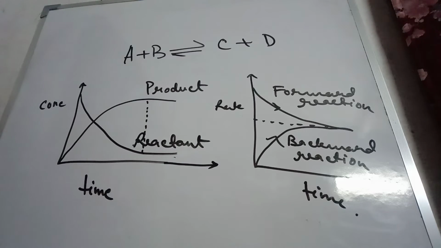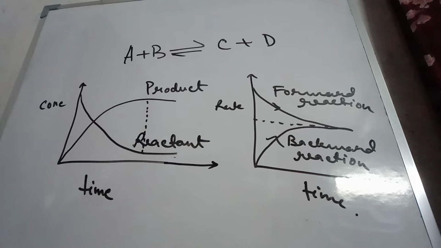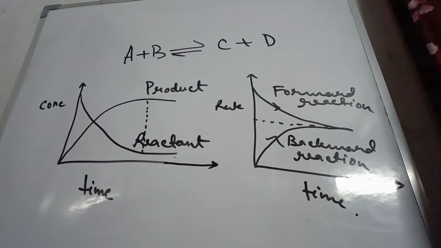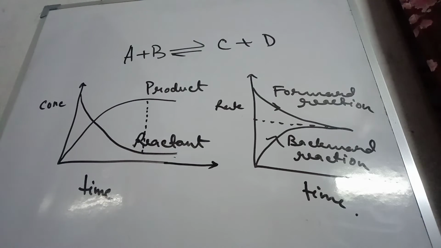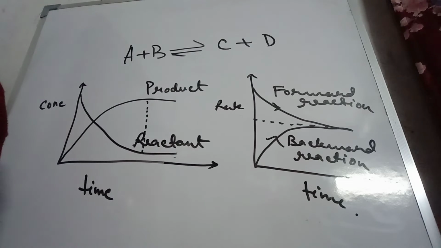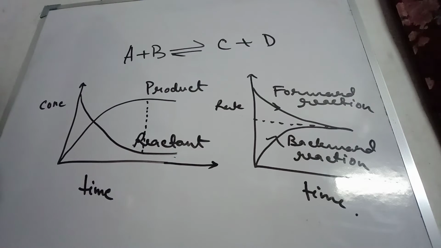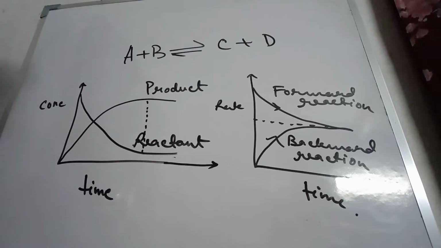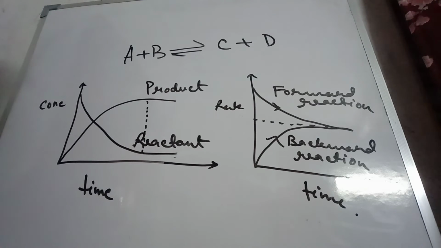Now next we have characteristics of equilibrium. Equilibrium is always attained in case of a closed vessel. Equilibrium is dynamic in nature. Dynamic means after the attainment of equilibrium also the process goes on, but the concentration of the reactants and products will be maintained constant throughout.